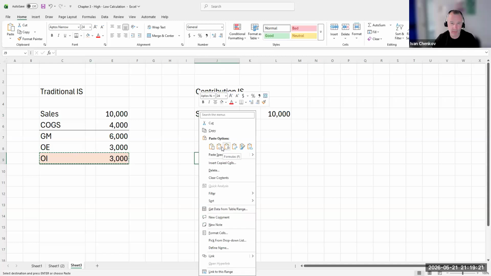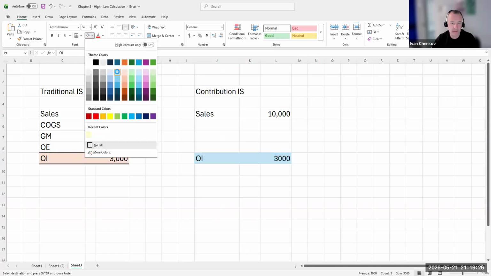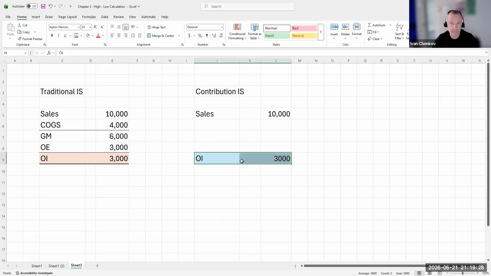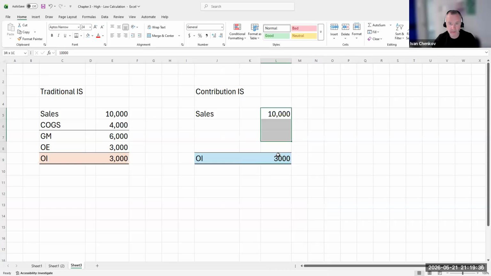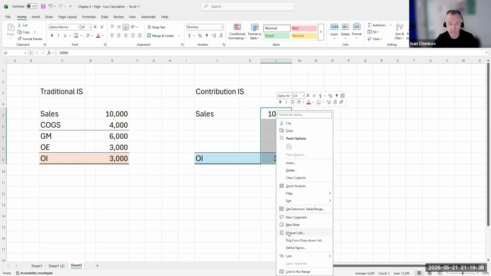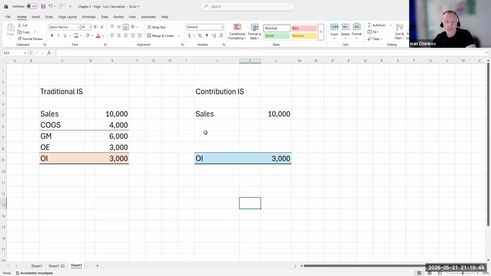I'm going to change the color, but the number is going to stay exactly the same. Let's format those cells again. What's going to change then?